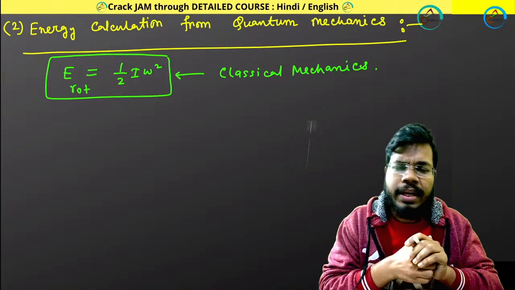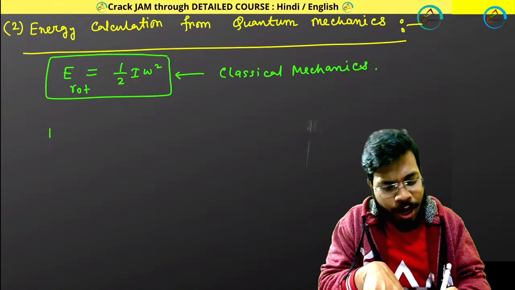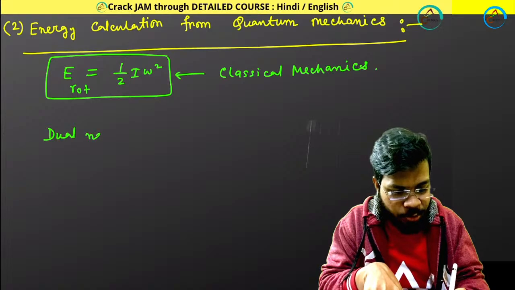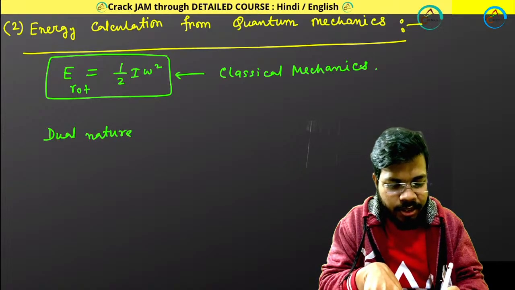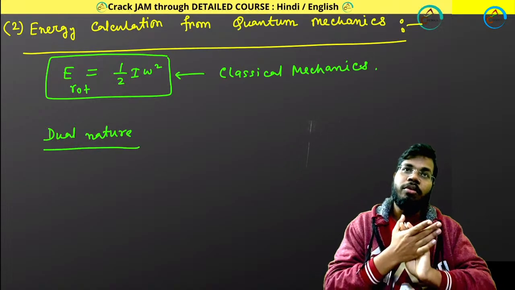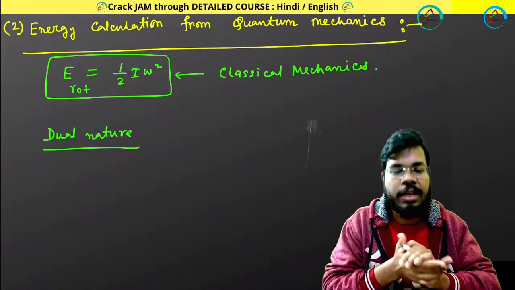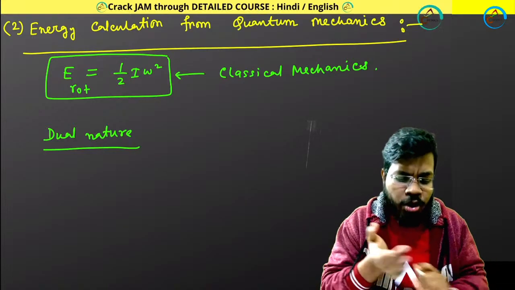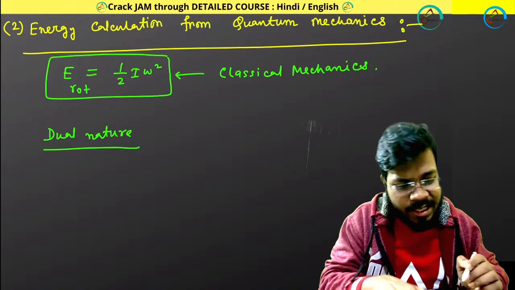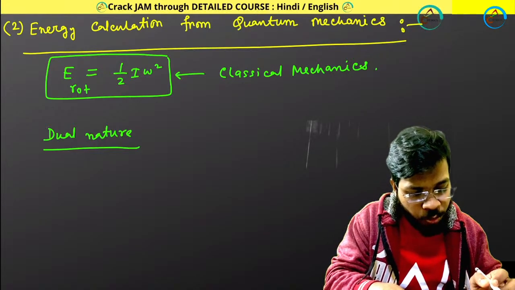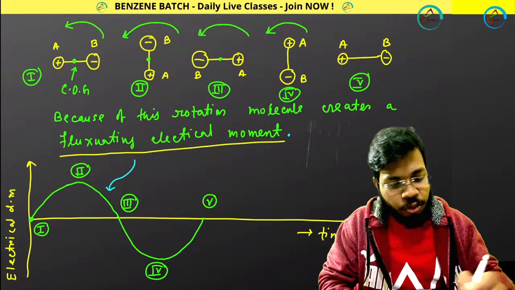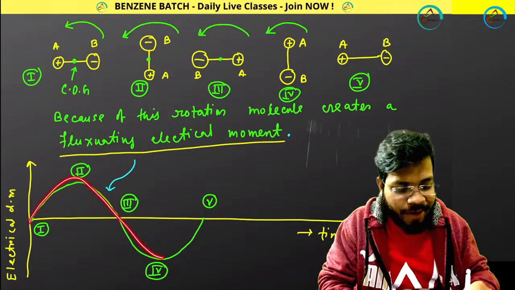So you know, in case of quantum mechanics, dual nature, you have listened about this word, dual nature, right? According to de Broglie wave nature, de Broglie hypothesis, we know about dual nature. So we have already seen in the last video how your molecule behaves whenever they are rotating, that creates wave like properties.